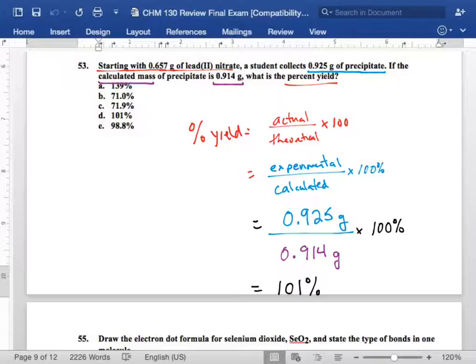Experimental error. You're allowed to have a greater than 100% yield. It's not good. It means something was screwed up in your experiment. It could also mean that your calculation was screwed up. And that's ultimately what this question is trying to flag on. You come through with a number that's greater than 100.